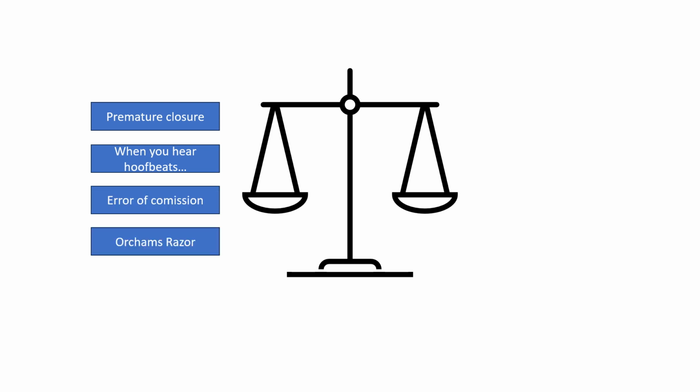In the emergency department, it's good to have these forcing strategies or checklists. It depends, right? But just knowing that with all of these: premature closure; when you hear hoofbeats, think of horses, not zebras; errors of commission, where you did too much; and Occam's razor, the simplest explanation is usually the right one.